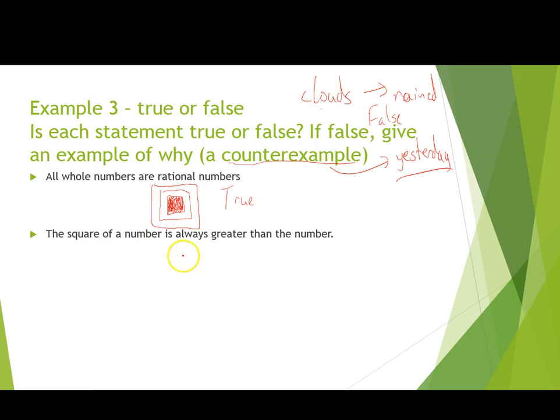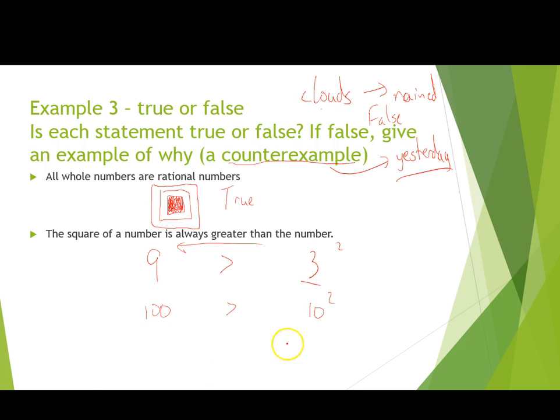The second one is, the square of a number is always greater than the number. If I give you an example, let's say I'm thinking of the number 3. If I square that number, the square of that number is greater than the number. At first, you could think of lots of examples where this is true.